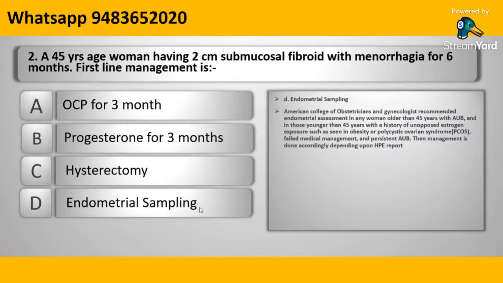The correct option here is endometrial sampling. 45-year-old woman, 2 centimeter submucosal fibroid with menorrhagia for 6 months.